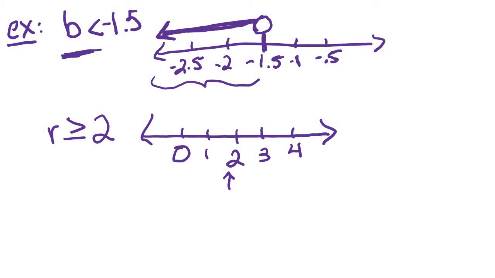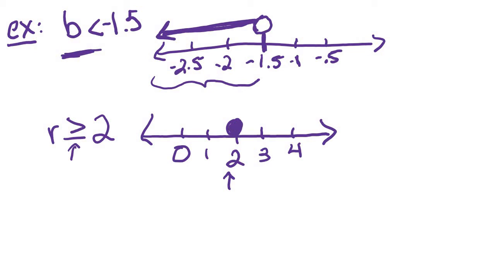All right, so it says r greater than or equal to 2. Does that include the 2? Yes, it's got that little line on the bottom that means or equal to, so it includes the 2. So does that mean we're going to have an open circle or a filled in circle? A filled in circle, right? Our little bag is full because the number 2 is in it.